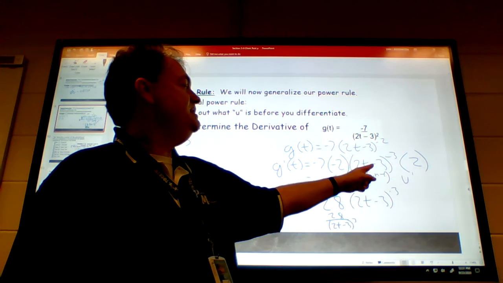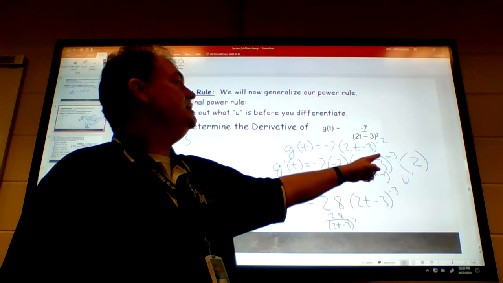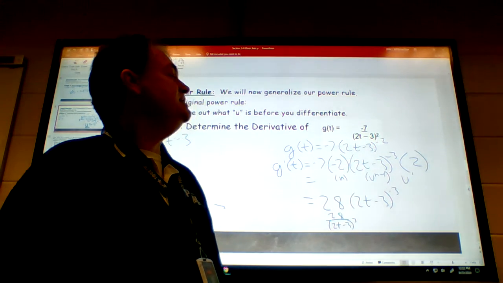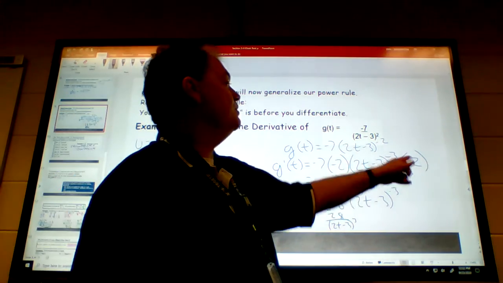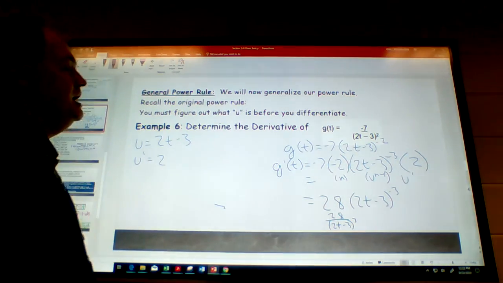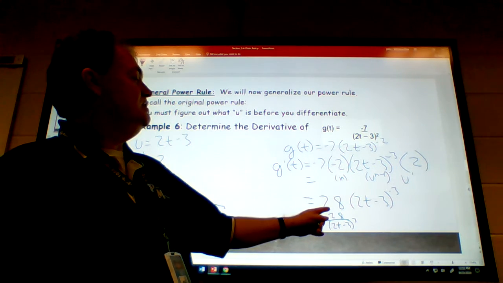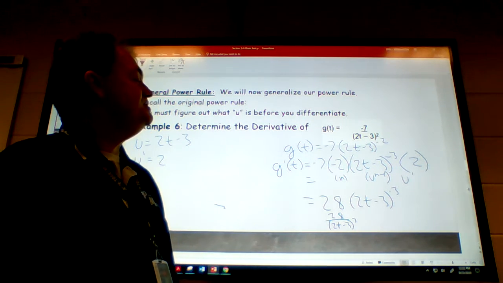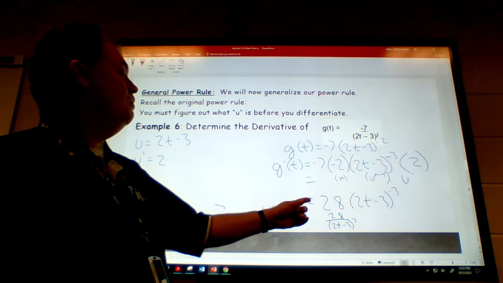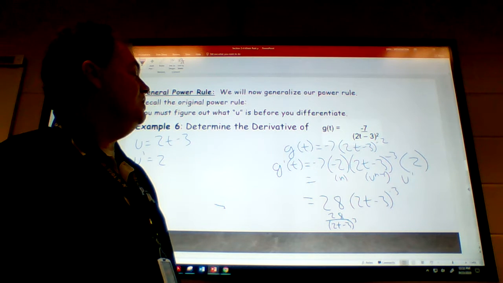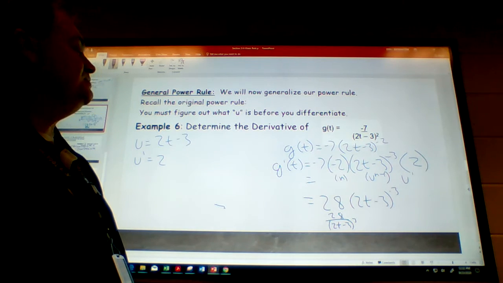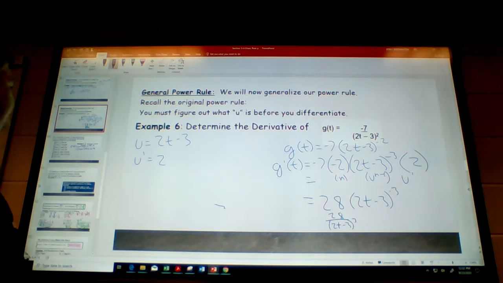And 2t minus 3 is u, and then to the negative third is the n minus 1 power. And then, of course, u prime is 2. And then we simplify that, and we get 28 times 2t minus 3 to the negative third power, or 28 over 2t minus 3 all to the third power. All right, we're still doing good.